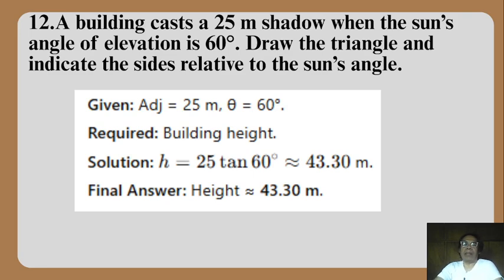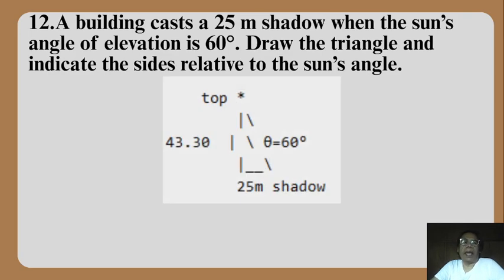Our height can be determined by multiplying 25 by tangent of 60 degrees, which is equal now to 43.30 meters. Our final answer, the height is 43.3 meters. And that is our illustration.